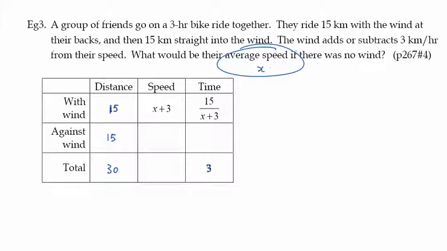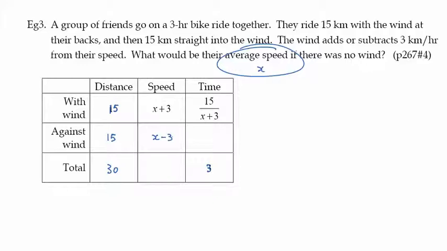The wind is going at 3 kilometers per hour, and that will get added to their average speed. x will be the average speed. But now as they ride with the wind, that will be x plus 3. Then what about against the wind? Minus 3. Yes, x minus 3 would then be the speed riding against the wind.